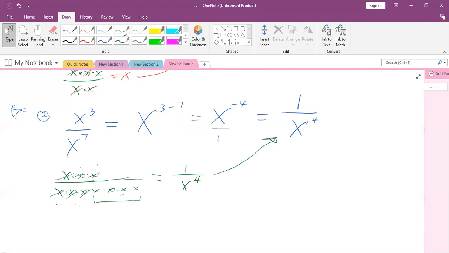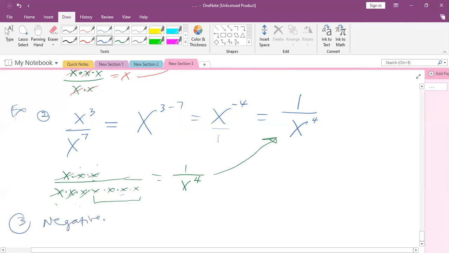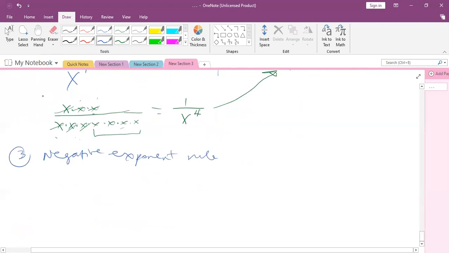So let's write down the negative exponent rule, which is the third exponent rule. Now the negative exponent rule, as I said, says that if I have x raised to the power negative n, to make the exponent positive, I take the reciprocal of the base, which is 1 over x.